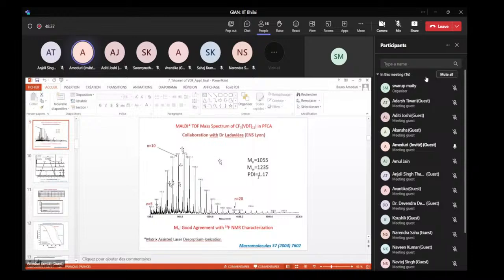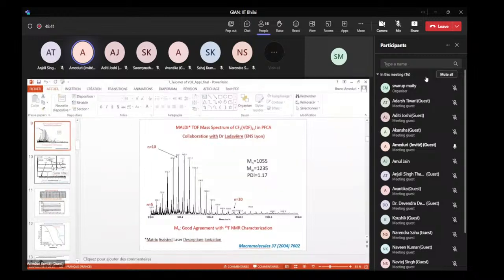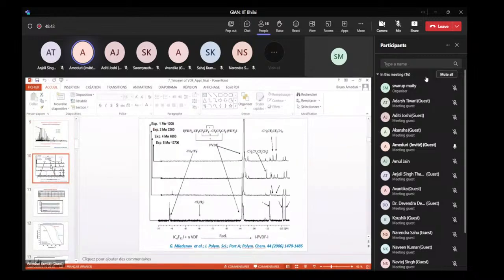So this telomerization of VDF with monoiodo can also be extended to diiodo. And in this case, we chose this diiodo C6F12 for telomerization of VDF in order to prepare iodine-terminated PVDF-I. And in this case, we are approaching ITP, iodine transfer polymerization, because it depends how much ratio you put.